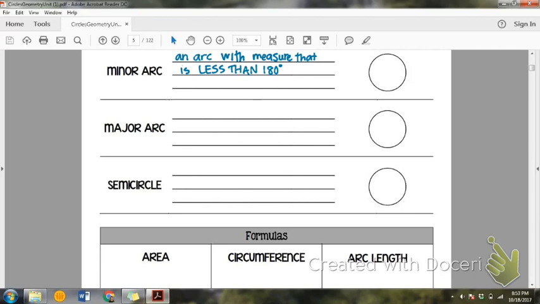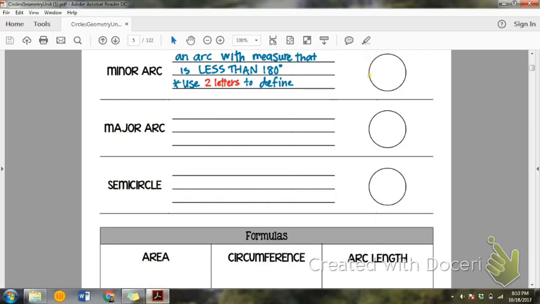When we're doing a minor arc, we use two letters to define. So it's very similar to our example where it's just an arc. It has to be less than 180 degrees. And just so that you know, a circle is 360 degrees, so 180 degrees is going to be half the circle. So anything that is less than that is considered a minor arc.